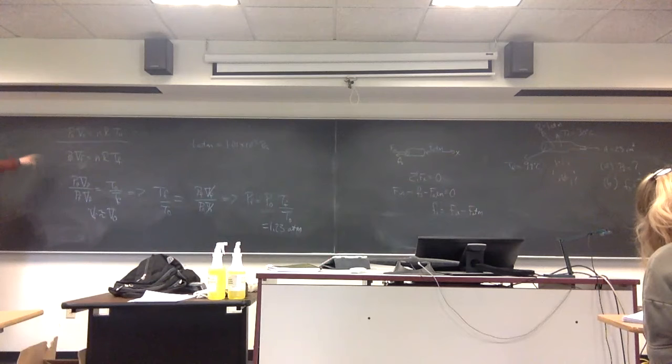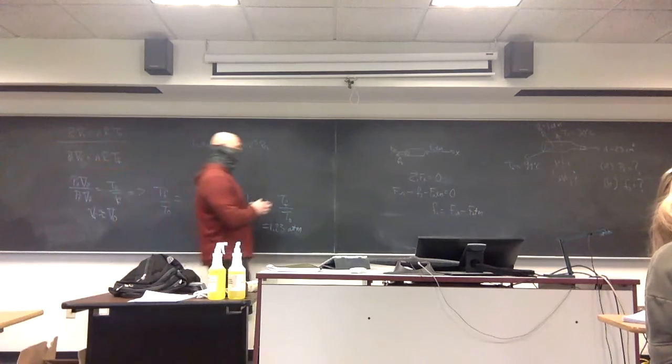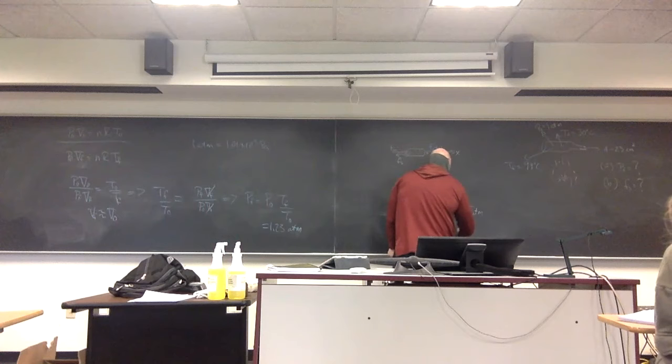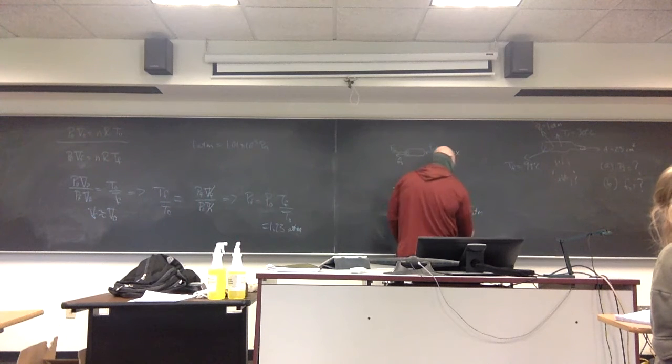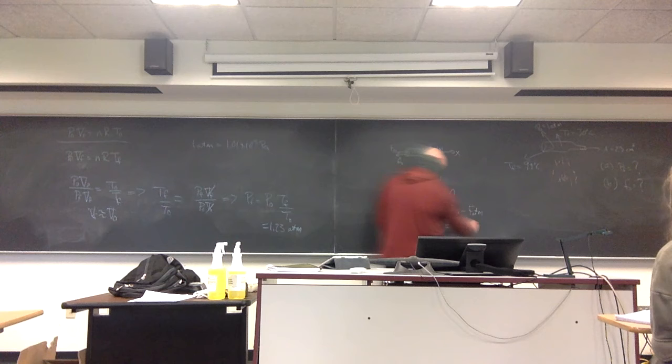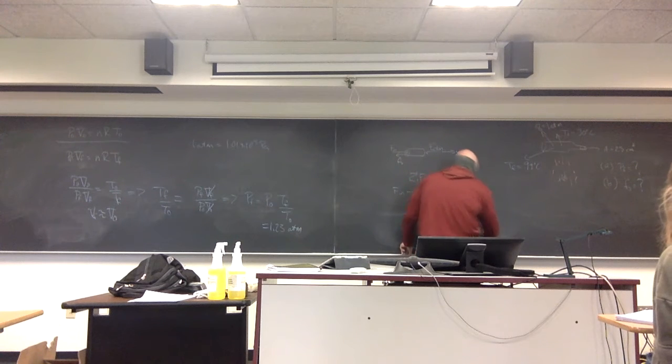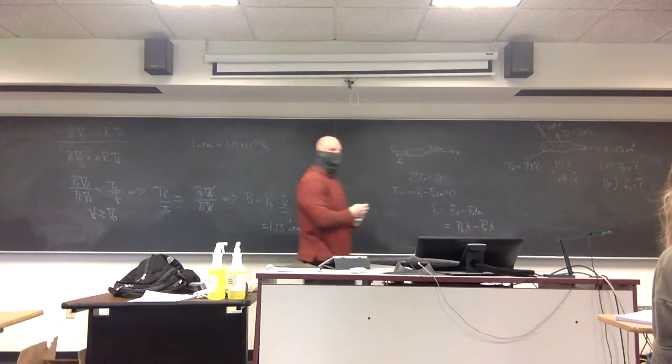But I didn't tell you the forces, which you know are the pressures. So from here, we can say that the interior force is going to be the pressure on the inside, which is what we call the final pressure, times the cross-sectional area, minus the atmospheric force, which is the initial pressure, times that same cross-sectional area.